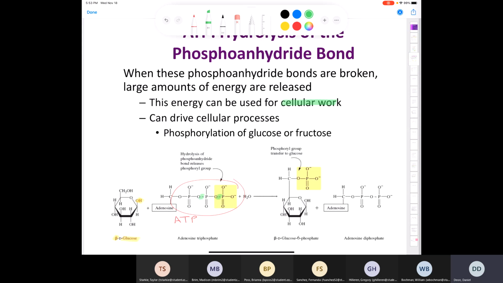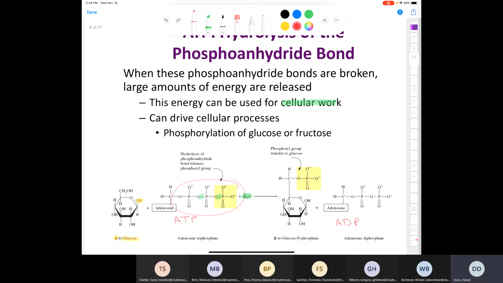Well, when I hydrolyze one of those phosphoanhydride bonds in the presence of water, I end up producing ADP, and I release energy, right? Because this is a high energy bond. What's that energy going to be able to do? It's going to be able to drive the phosphorylation of glucose.